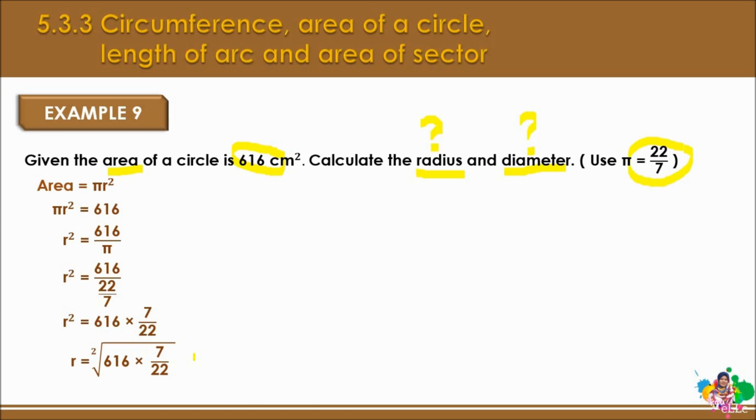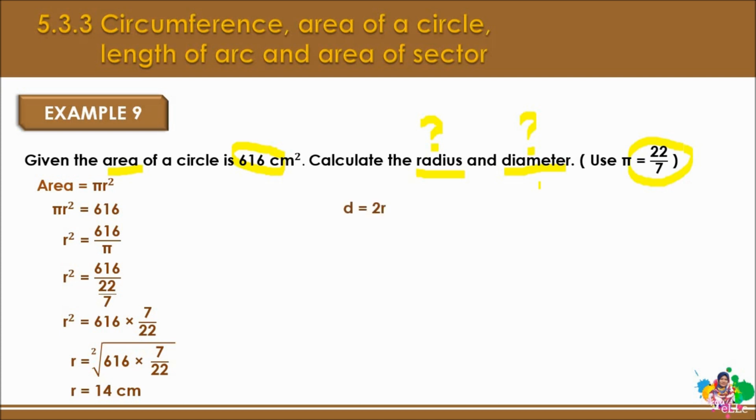Then you find r equals square root of. Because this one on the left is square, when you bring it to the right hand side it will be square root of. You just use your calculator to find this value. So you get r equals 14 centimeter. Don't forget you have to find the value of diameter. After you get the value of radius, you have to find the value of diameter.